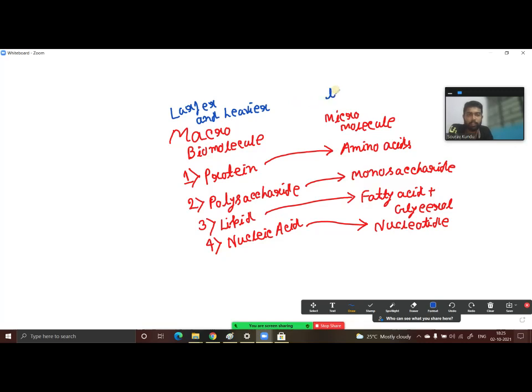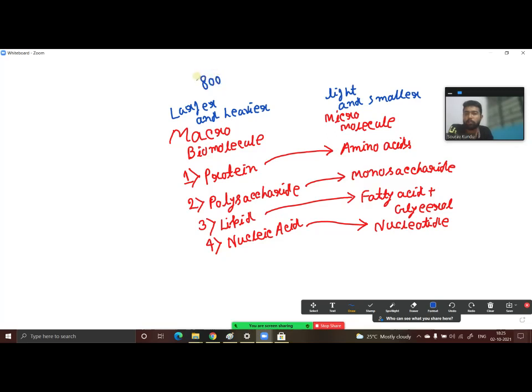Micromolecules are very light in weight, and these are the smallest units, the smaller parts which make up the macroforms.